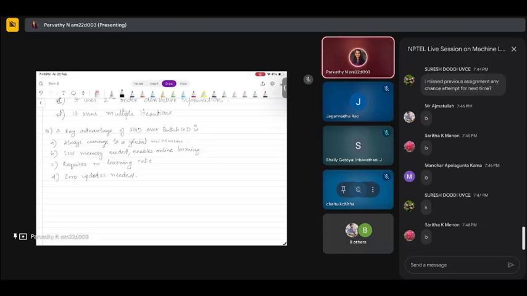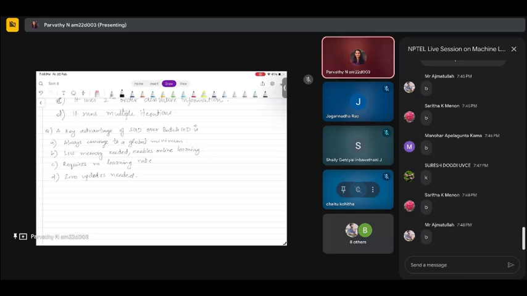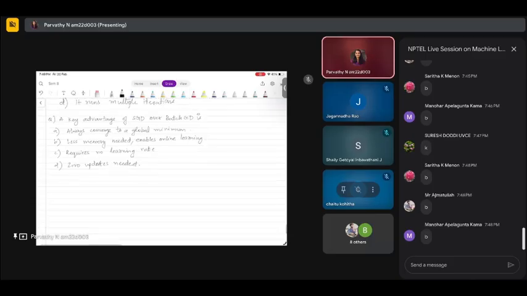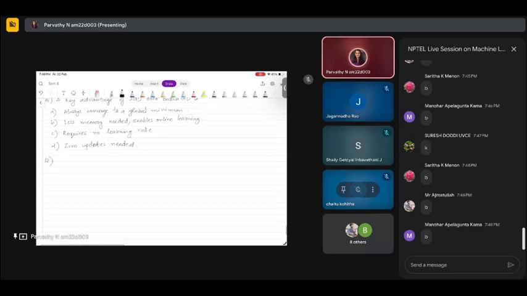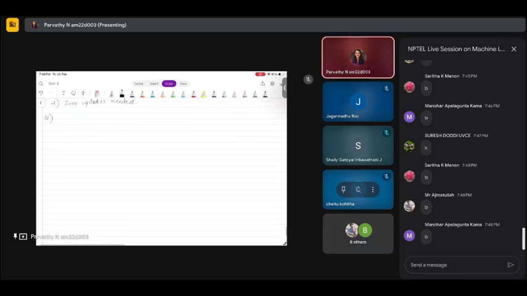A key advantage of stochastic gradient descent over batch gradient descent. Yeah, so it enables online learning because it processes one sample only at a time.